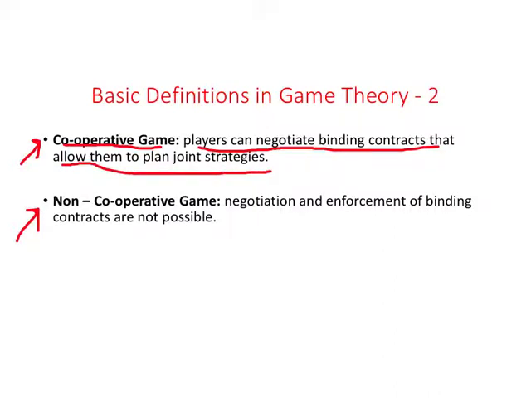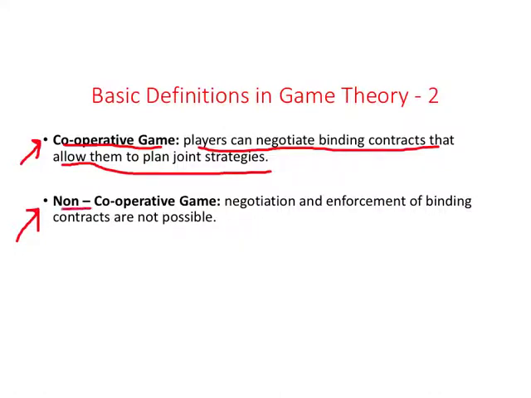For example, when you go to a used car dealer, you talk to the person and you try to haggle over the price, and ultimately we come up with some kind of an acceptable outcome. That situation is considered an example of a cooperative game. So wherever you have bargaining, haggling over price, or people sit down together and figure out the outcome, it is called a cooperative game.